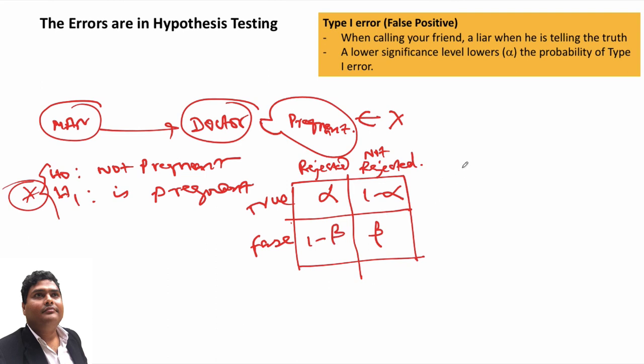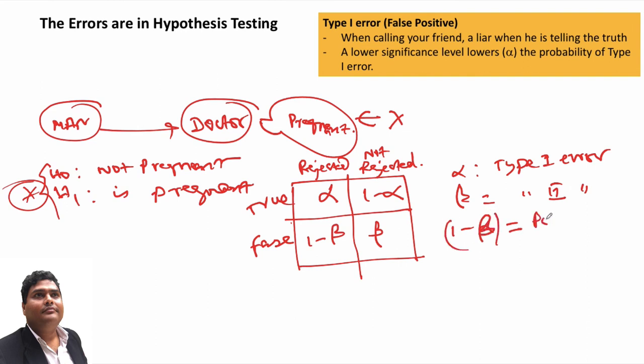Alpha is type 1 error, beta is type 2 error, and 1 minus beta is nothing but what we call the power of the test. Now if we reject a null hypothesis that should have been supported, we have committed a type 1 error. This is very, very important to understand.